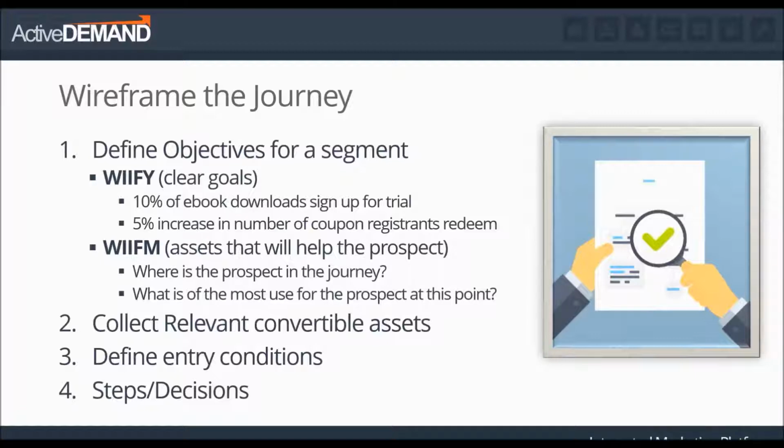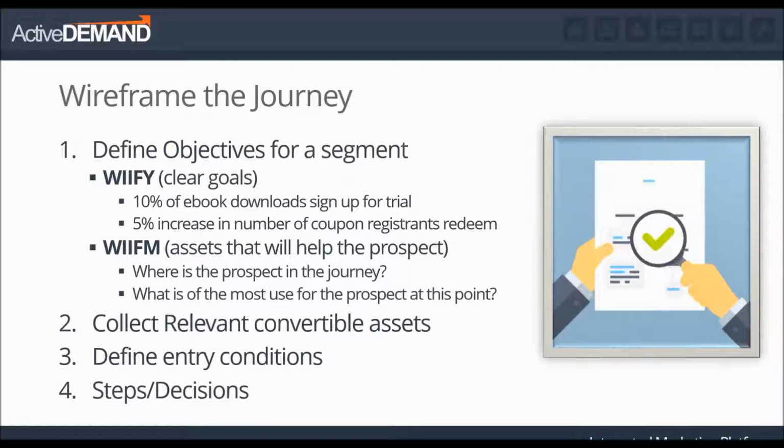The first step in wireframing the buyer journey is to define some objectives for a specific segment. You're not going to tackle the entire funnel. You have to think about the state of the person at their specific position in the funnel, and of course what their objectives are, or what you think their objectives are at that state.